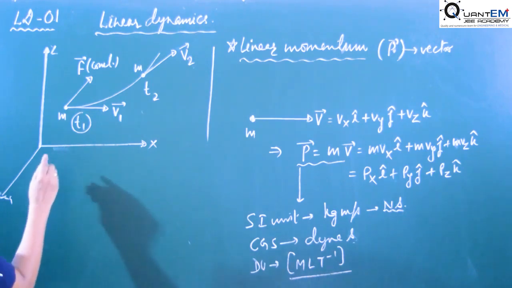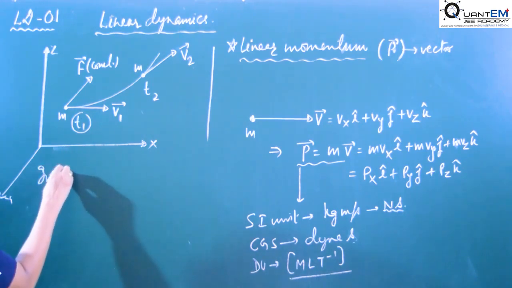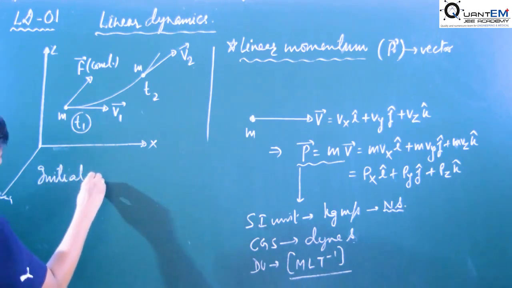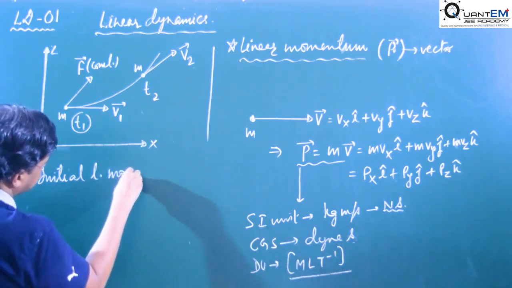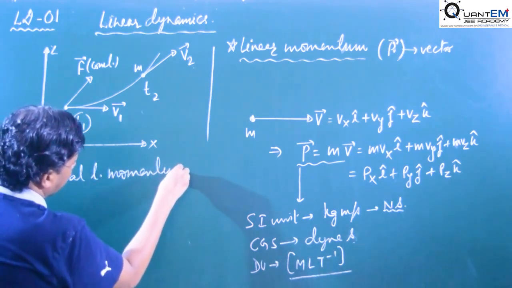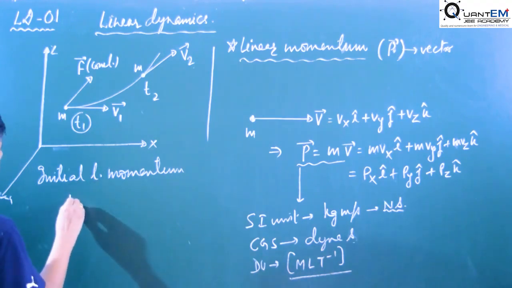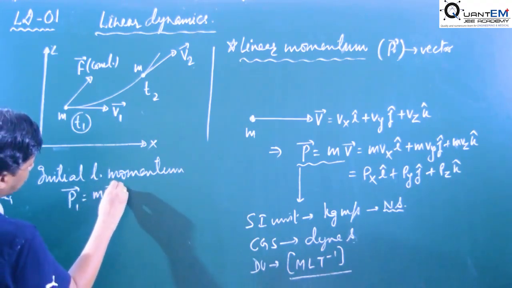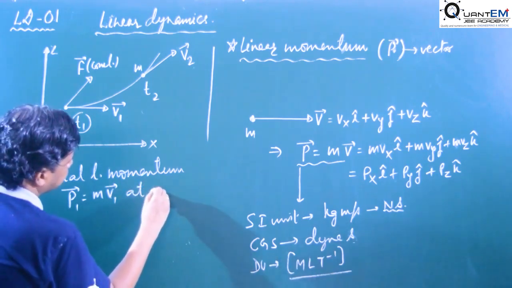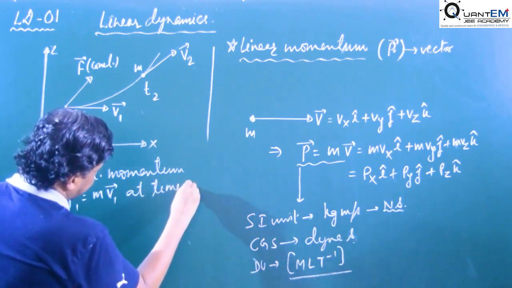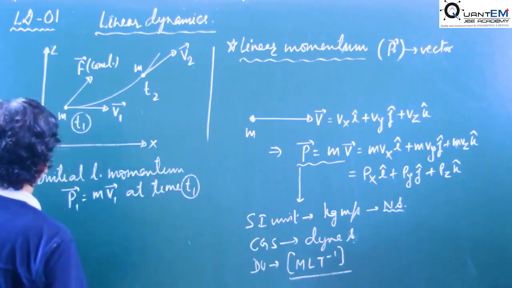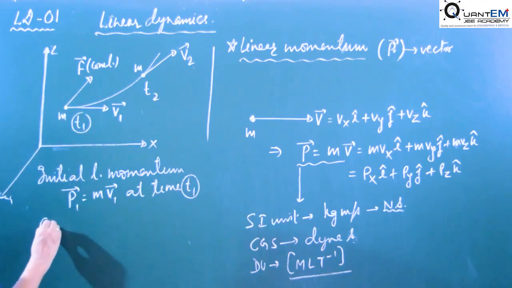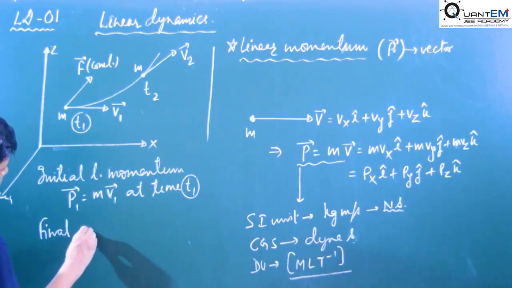See, what is the initial linear momentum of the particle? That is p1 vector, that is mass into velocity v1 at time t1. And what is the final linear momentum p2 under the given force?